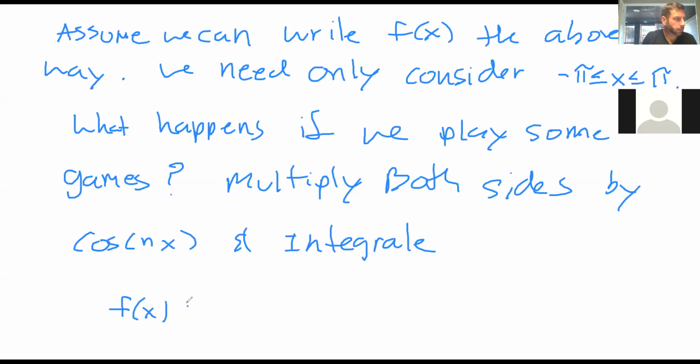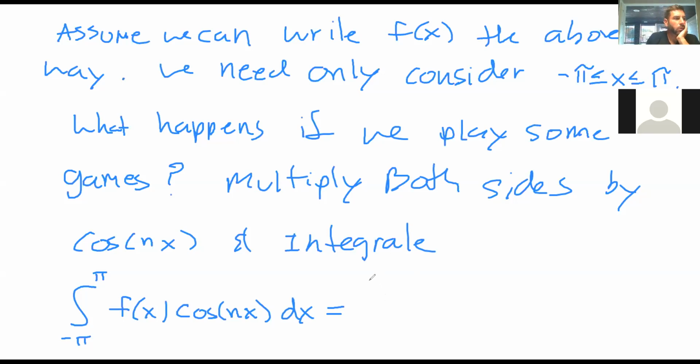And then I'll have cosine of nx, and I'm going to integrate that from negative pi to pi. And then on the right-hand side, let's just look at the cosine. Well, we can just write it all out.